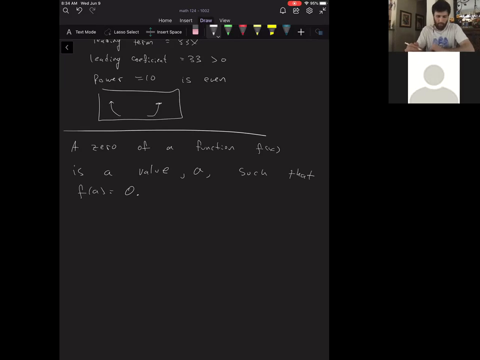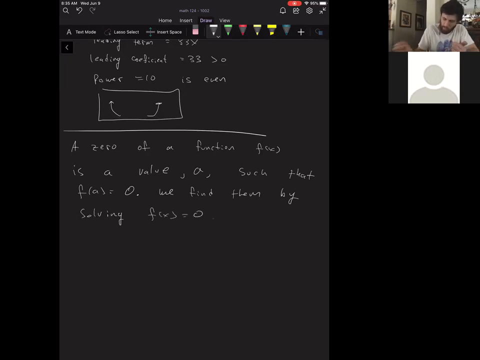And we find them by solving f of x is equal to 0.